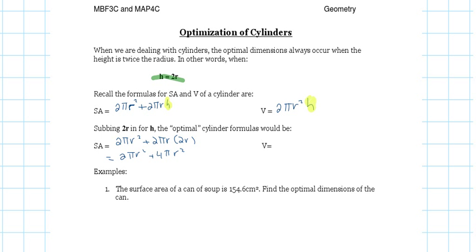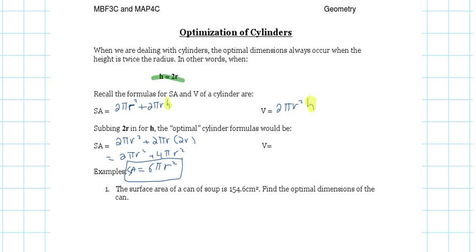Should I leave it like this? I can add them because they're like terms. So how many pi r squared would I have? 6 pi r squared. So basically the formula that I'll be using for optimization, only for optimization, is surface area equals 6 pi r squared.